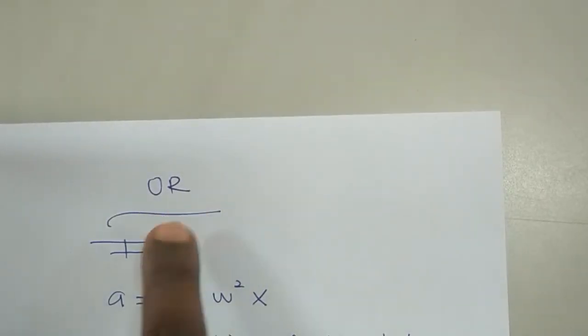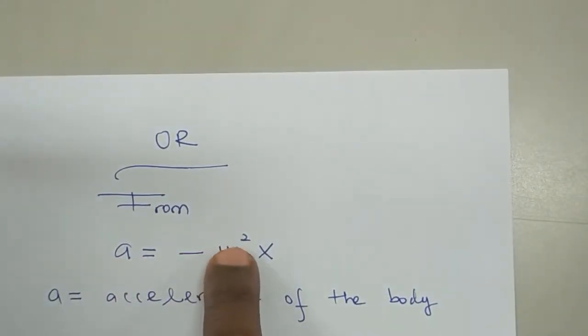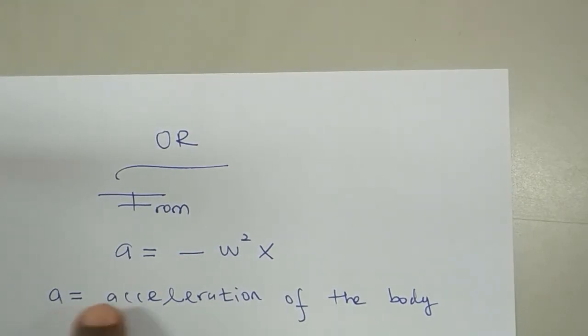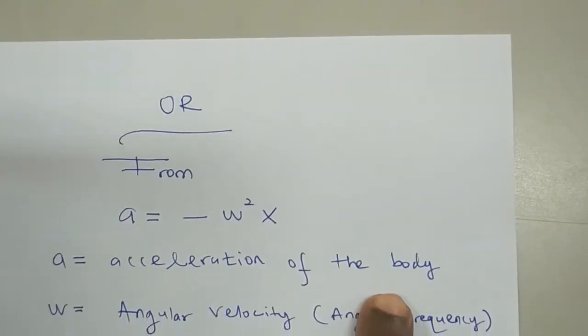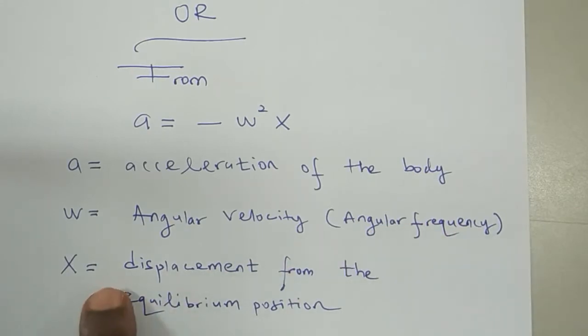Or we can use the formula a equals negative omega squared times x. a is the acceleration of the body, omega is the angular velocity or angular frequency, and x is the displacement from the equilibrium position.